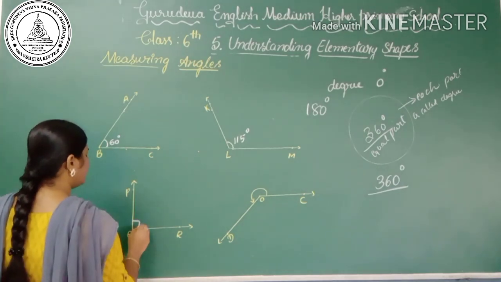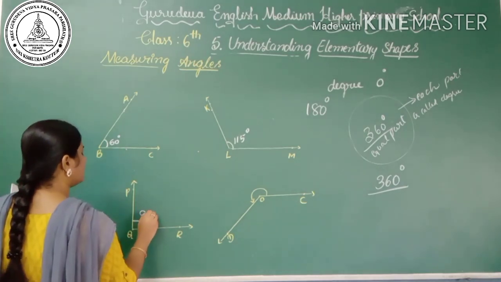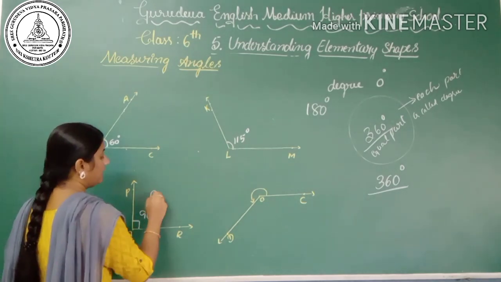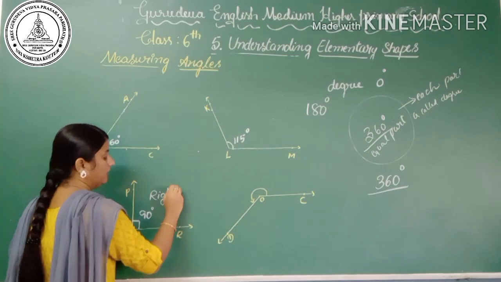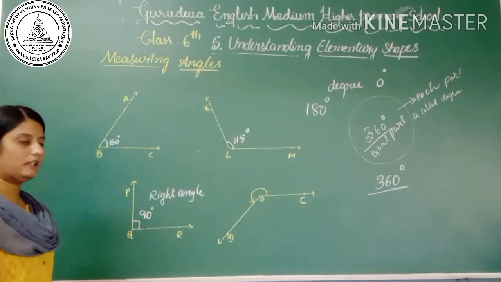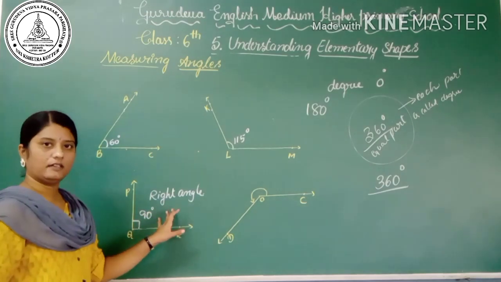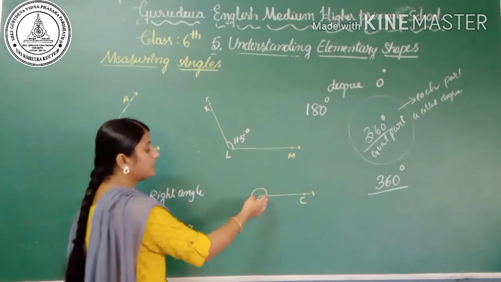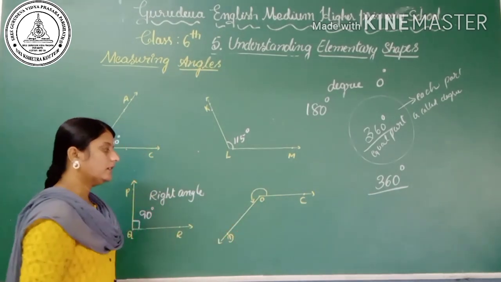Yes, we can say that the right angle is equal to 90 degrees. So it is 90 degrees and it is the right angle.